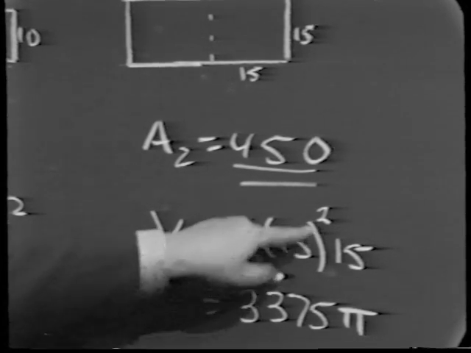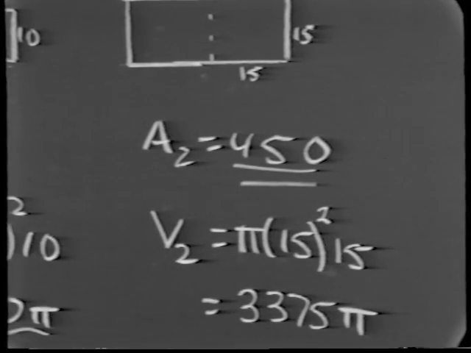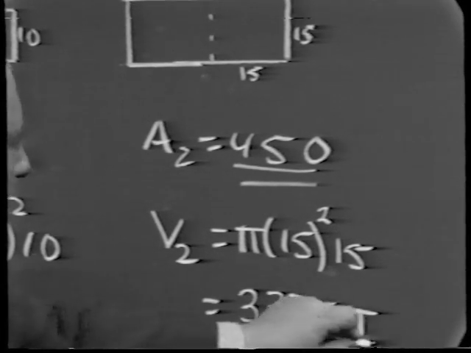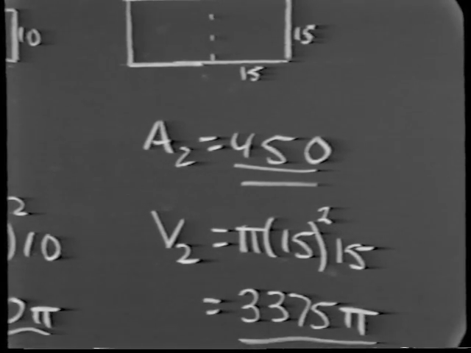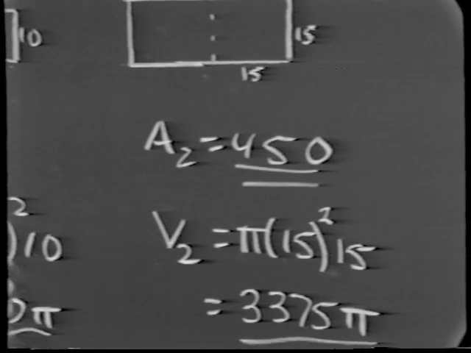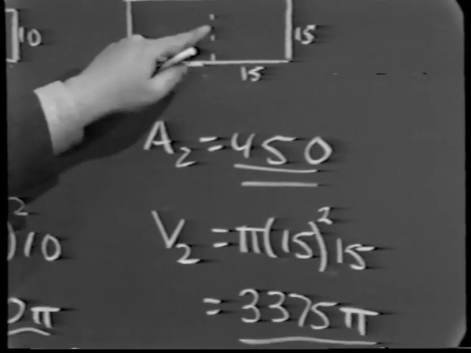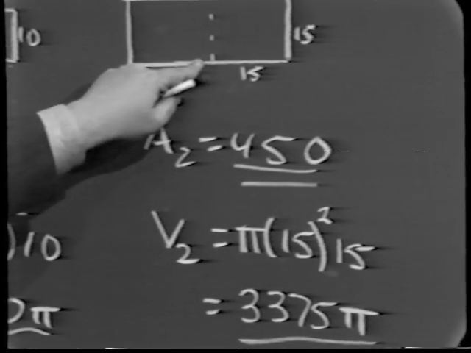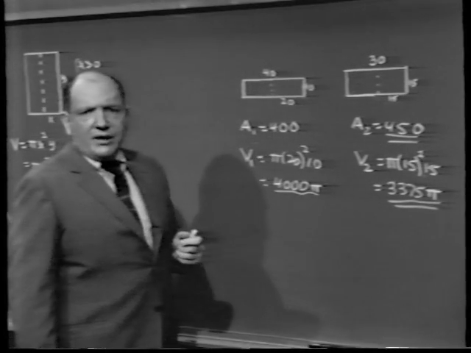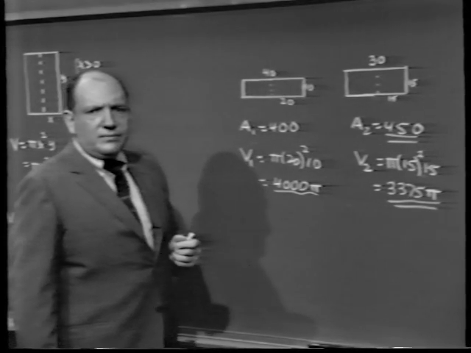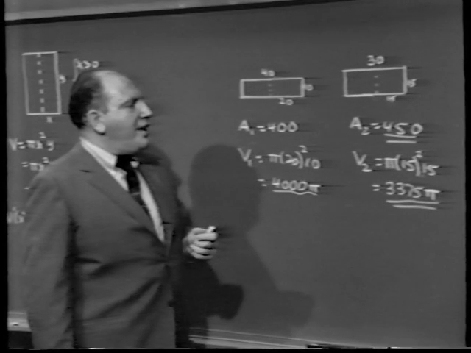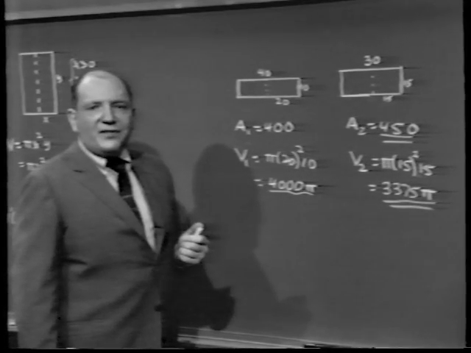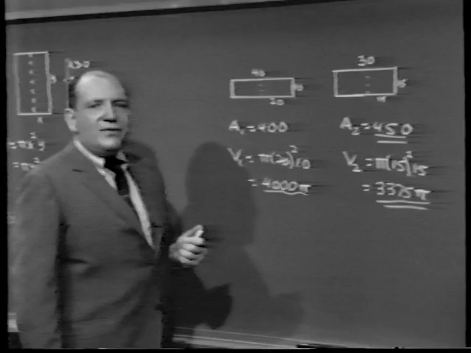It's pi times 15 squared times 15, which is 3,375 pi. The interesting result here is what? The area of this rectangle is greater than the area of this rectangle. In fact, the area of the second rectangle is 450. The area of the first rectangle is only 400.